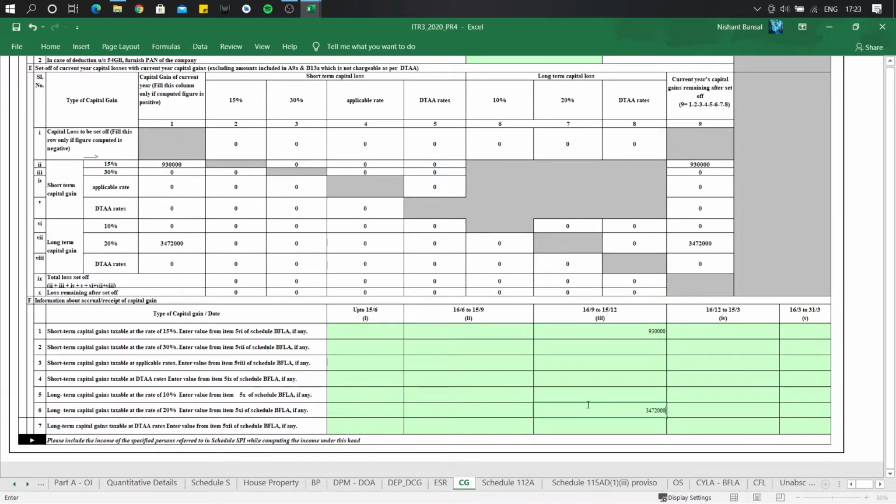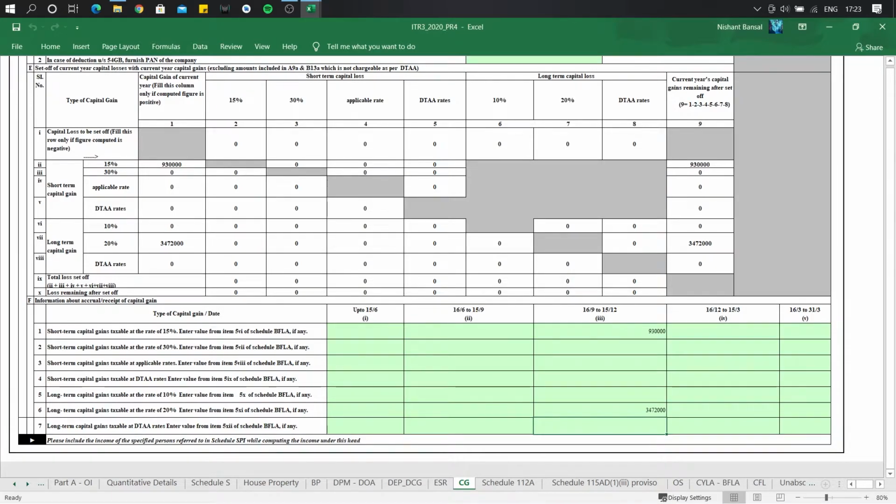Right, because the date of transfer of asset is 23/10, which would fall in this slab only. Yeah. So now we are done with capital gains as well.